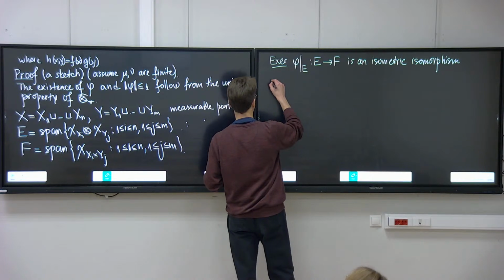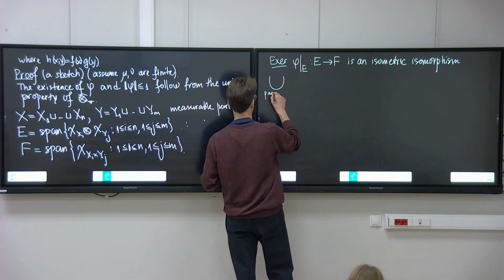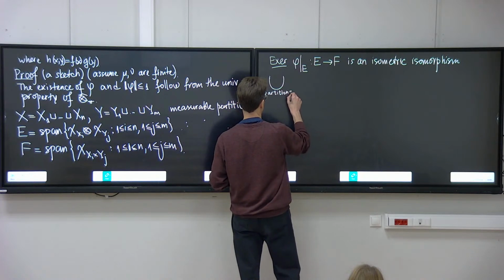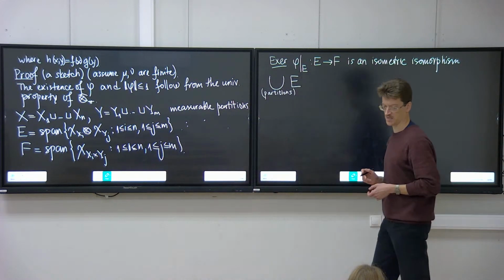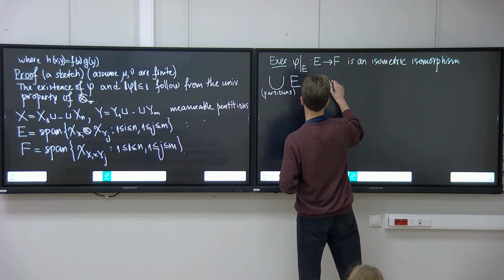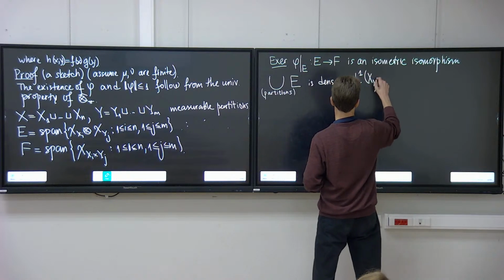And now if we consider all possible partitions and take the union of the respective spaces E, what we get is a vector subspace which is dense, not in L1, but in the tensor product.